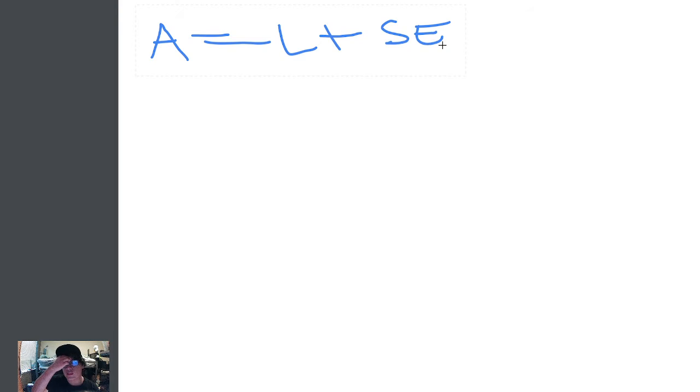Pretty much money that they receive from people buying shares and becoming owners of a company, and money that they make from pretty much being a company. So everyone knows that companies make profit. This is where it goes under retained earnings.